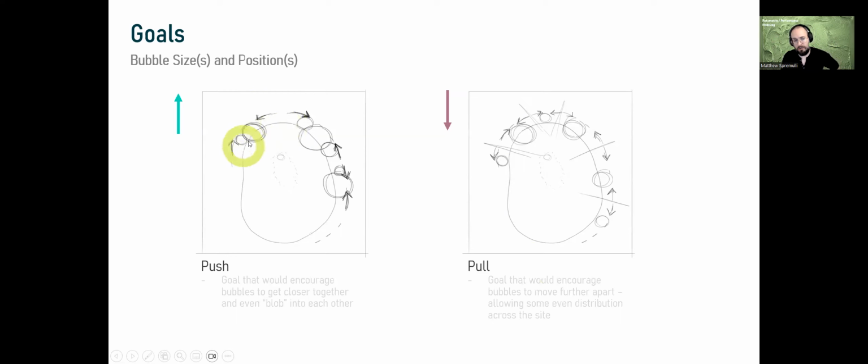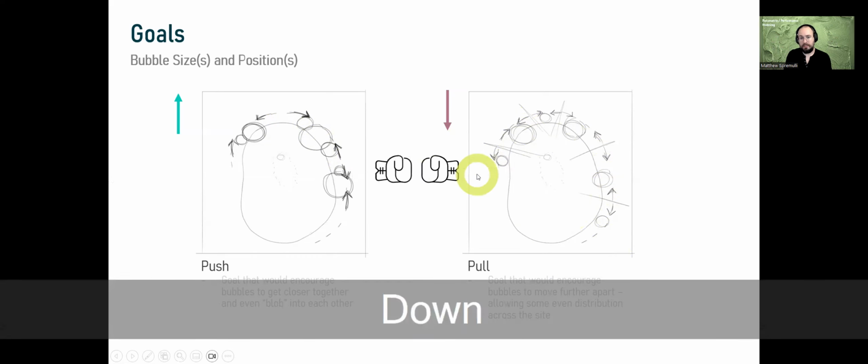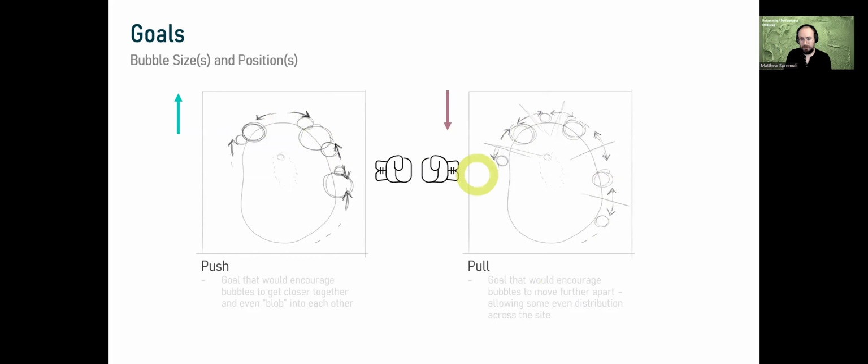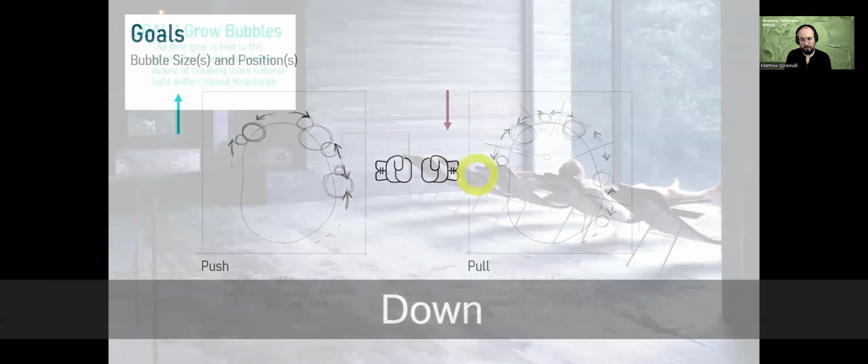What we actually want is some sort of composition of bubbles coming together, but also having some variety where some get pulled apart. So those were our two ideas, and again, these are directly in competition. And as such, a genetic algorithm is going to be really good here.